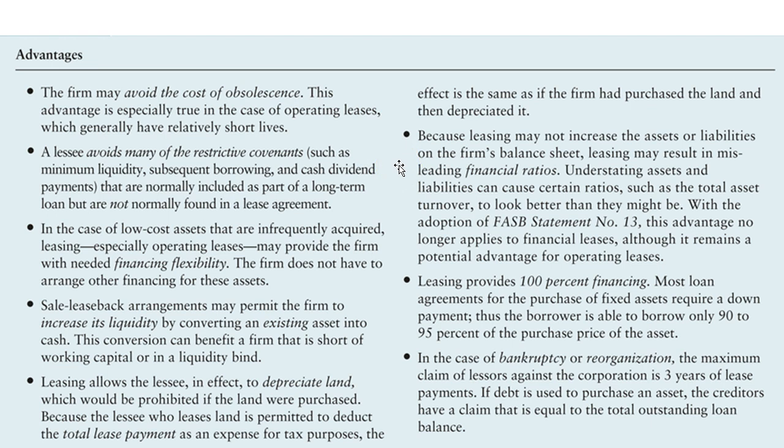Now, because leasing may not increase assets or liabilities on the balance sheet, depending on whether it's a capital or financial lease, leasing may result in misleading the financial picture of a company.